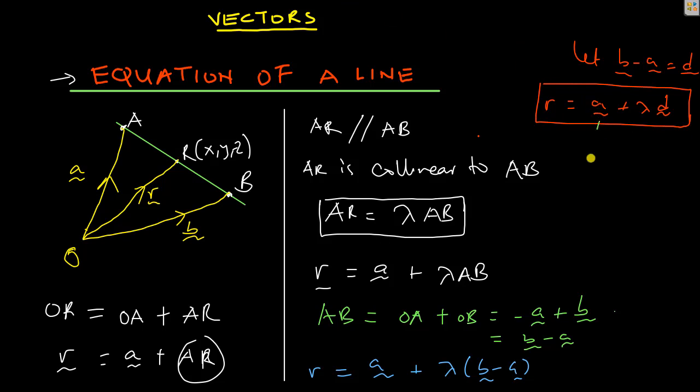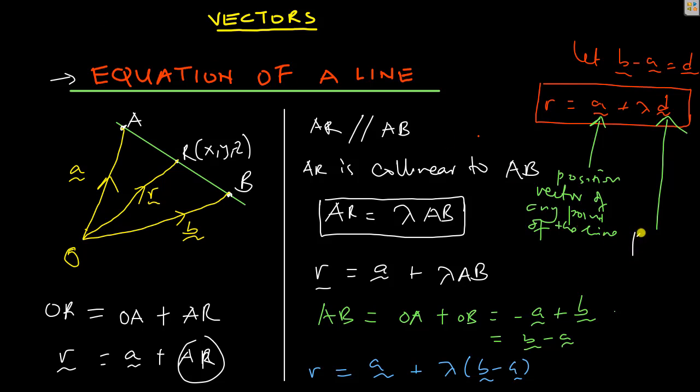Number one, we should have the position vector of any point on the line, and then we should also have the parallel vector.